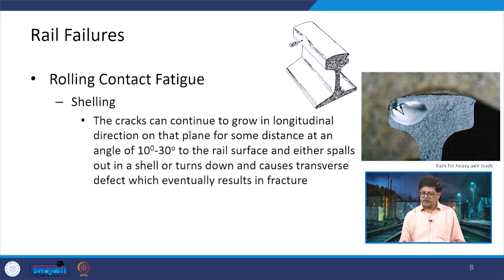So, at the corner side this occurs, it can move in the longitudinal direction, growing at an angle of 10 to 30 degrees to the rail surface, and because of this particular condition, it may happen that after some time a portion of that rail head may come out of the surface. So, finally a fracture will be caused.